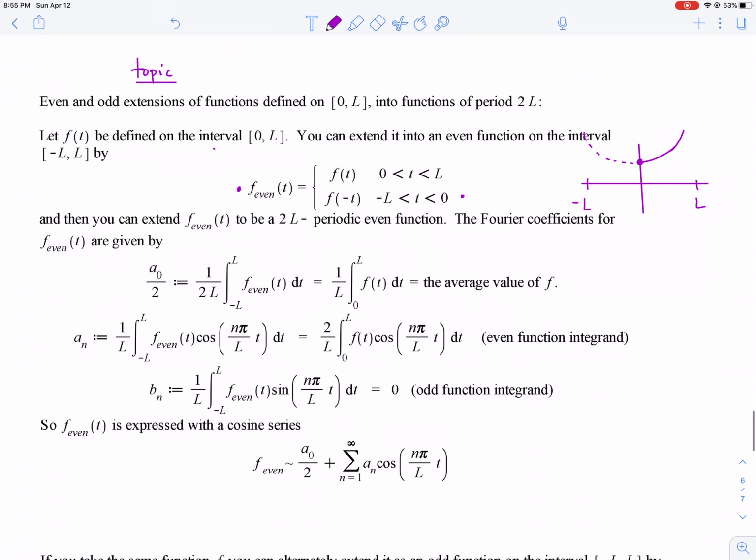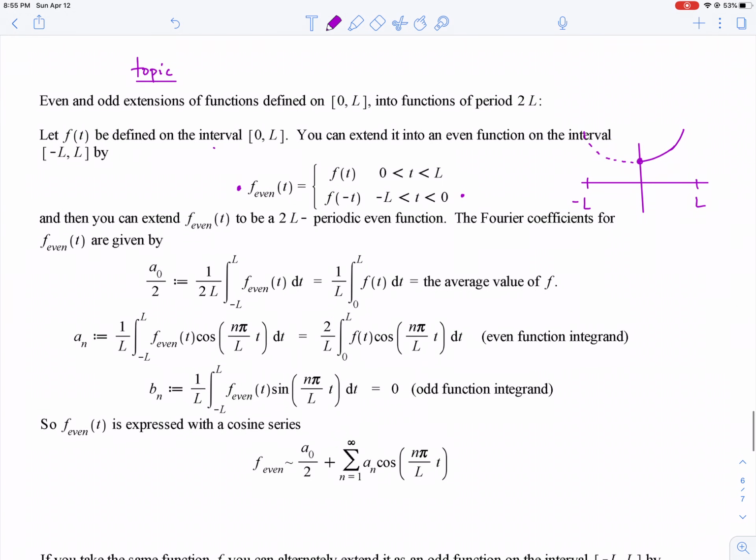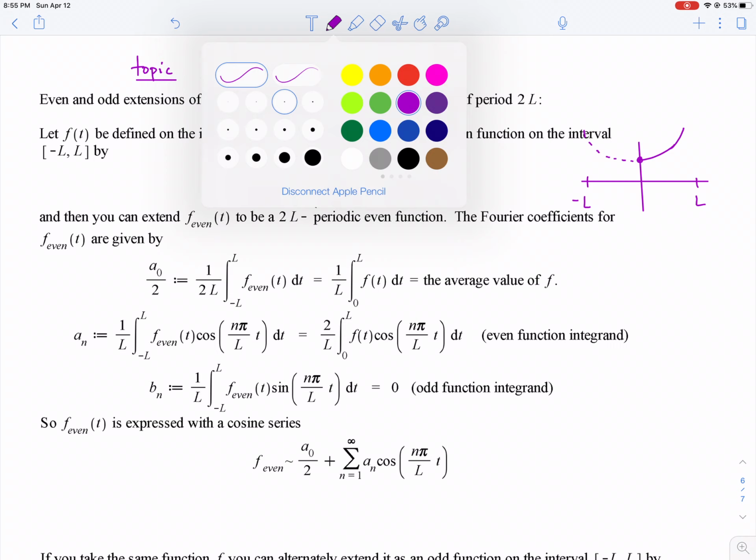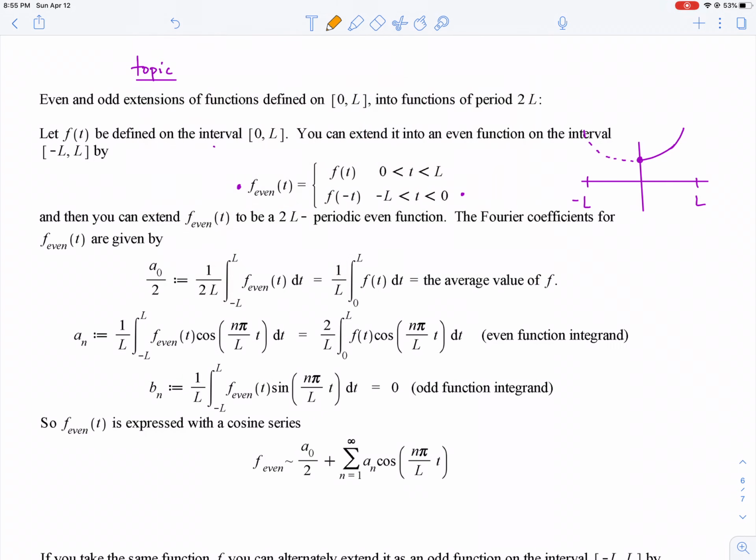Okay, well, if you do that, and then, as I said, you can also consider this further extended to be 2L periodic on all of R. So compute the Fourier series for that function.